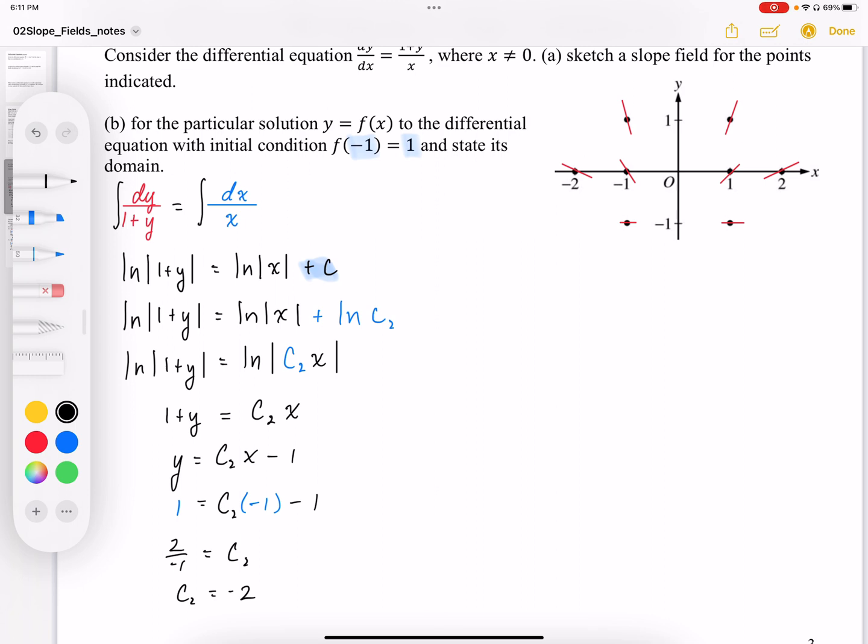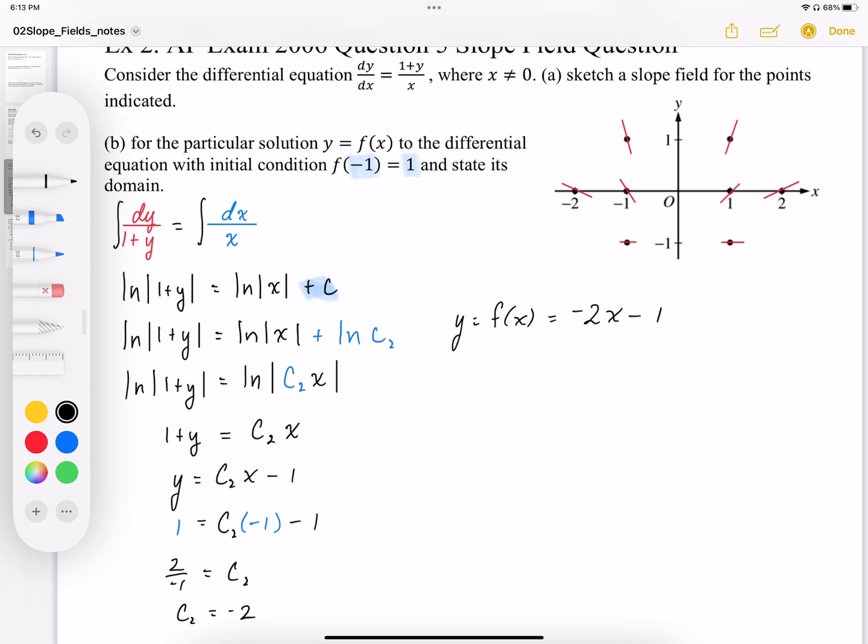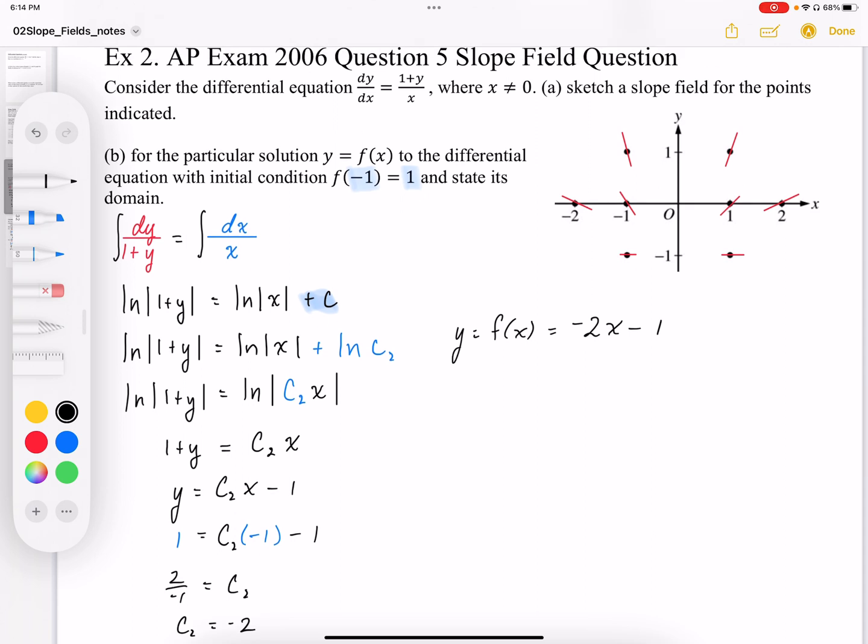Okay, so my solution, y equals f of x, the f of x is going to be -2x minus 1. The domain of this function is going to be all real numbers except for x equals 0 because in my differential equation I can't divide by 0.